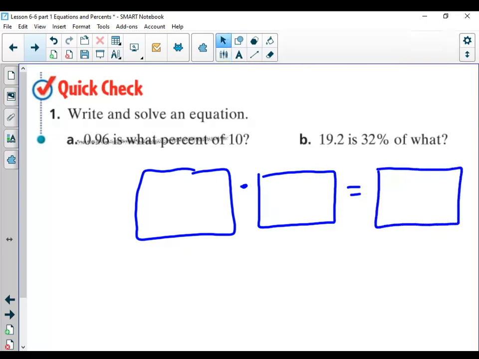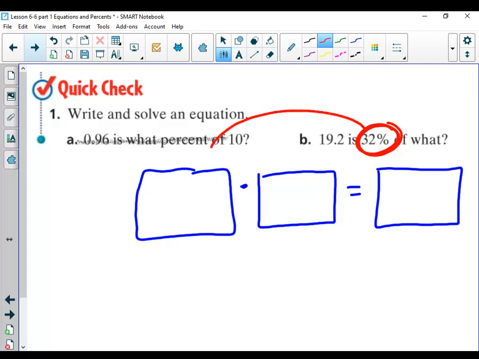You know what I like to look for first? The percent, but as a decimal. Move left twice. The next box is the whole or the of.